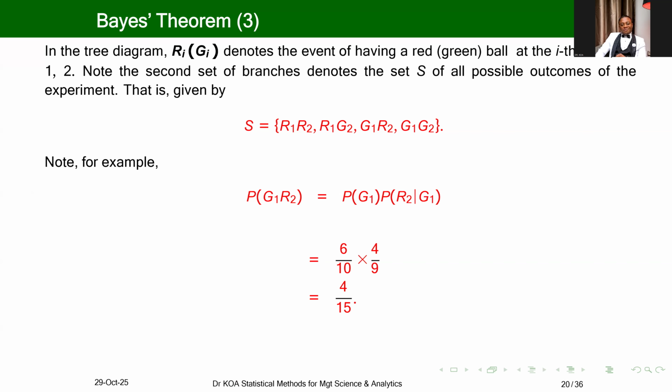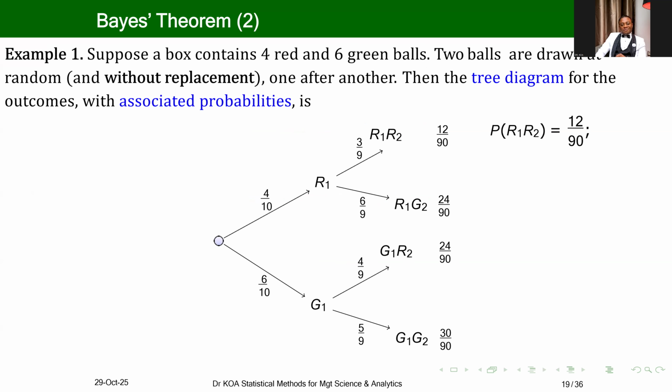Now, what is G1 R2? That's this, the 24 over 90. So 24 over 90 is what? No, it was 2 over 15. Was it 2 over 15? Okay, 90 by 15, what is it? 24 over 90 is 4 over 15. Yeah, 4 over 15. Exactly.